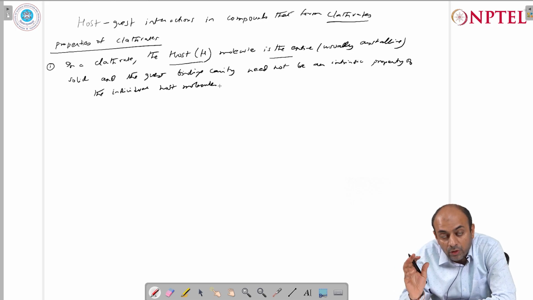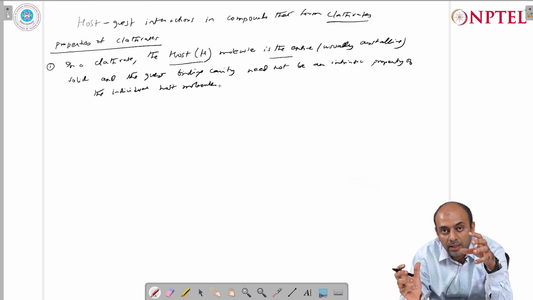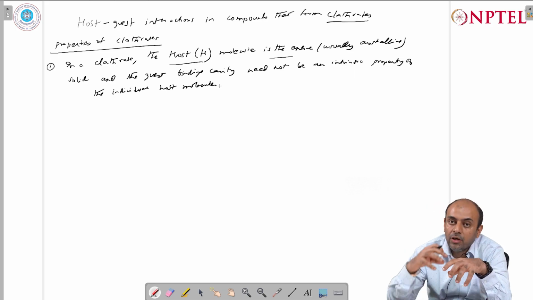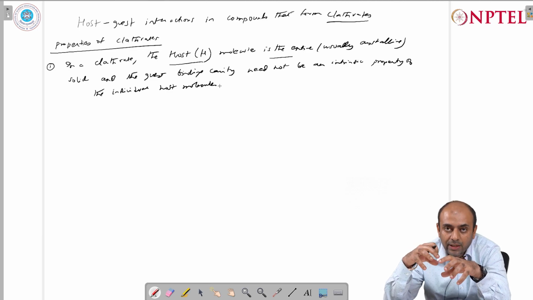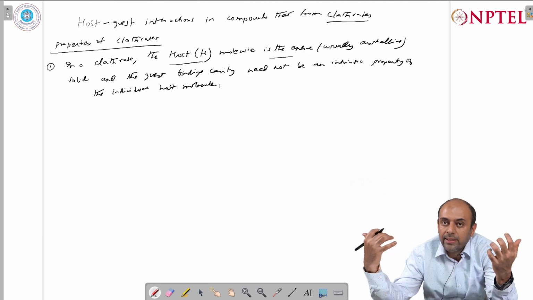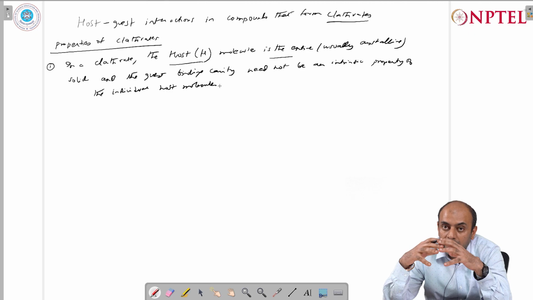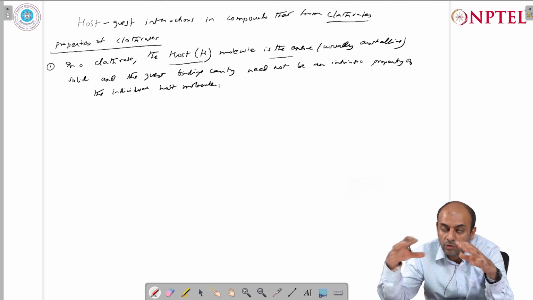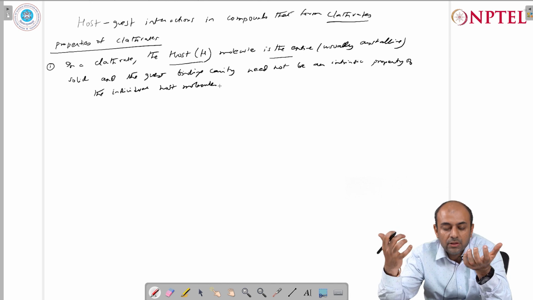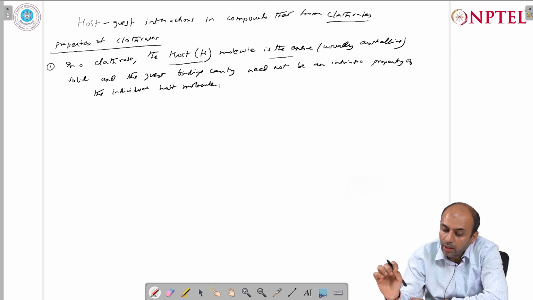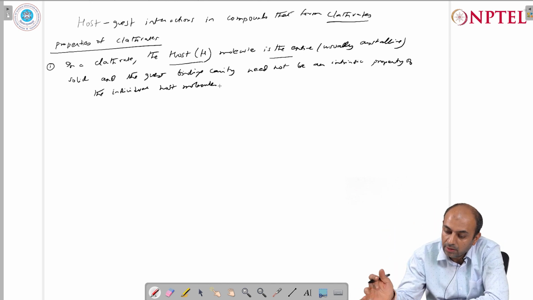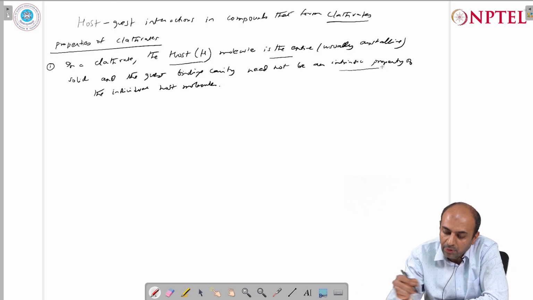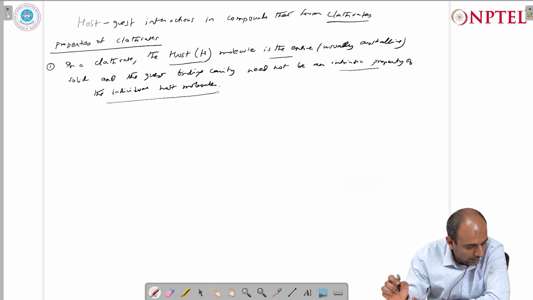So when we are going to have a guest, it will specifically look for a cavity, and the cavity need not necessarily come from the host molecule, that is, it will not necessarily be the intrinsic host cavity, but the cavity can be created by the three-dimensional arrangement of the host molecules to form a three-dimensional solid, which we call a crystal, and that cavity which is created can now include the guest, and hence this need not be an intrinsic property of the individual host molecule.